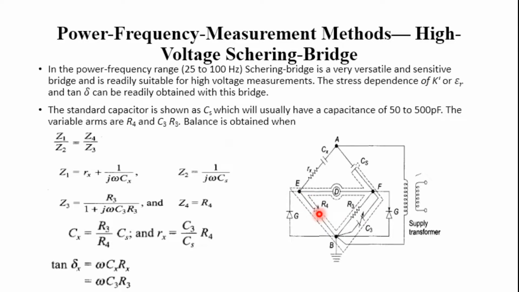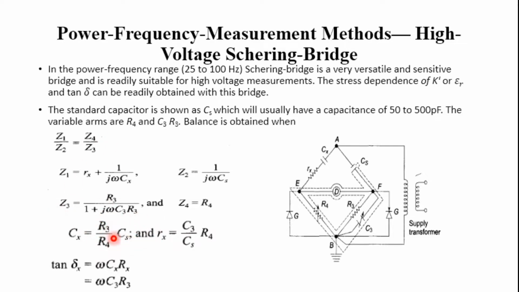From the balance equation we get the unknown capacitance Cx equal to R3 by R4 into Cs, and the unknown resistance Rx equal to C3 by Cs into R4.